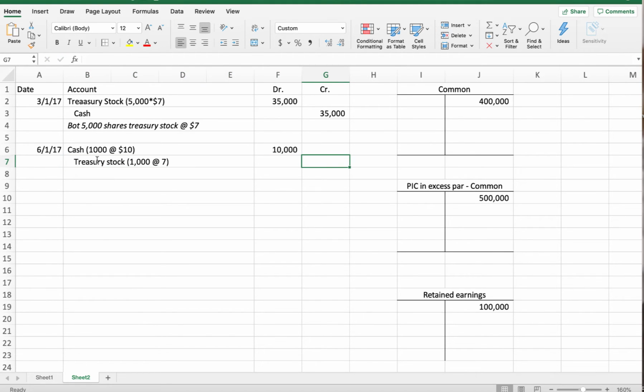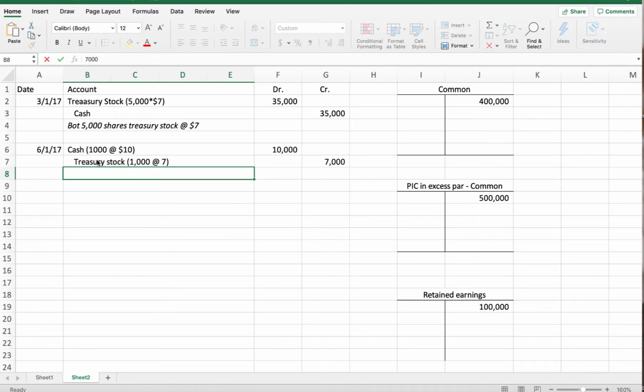So that means my treasury stock account needs to have a credit of $7,000. Now, the next thing we need to do is recognize that these journal entries do not match up. We need a credit to make this journal entry balance.